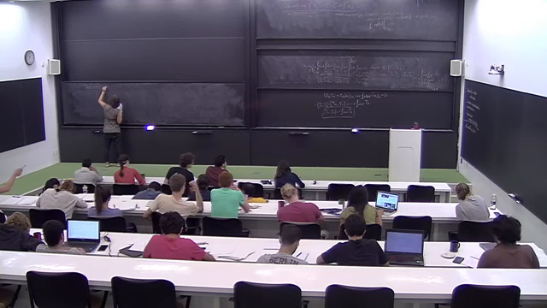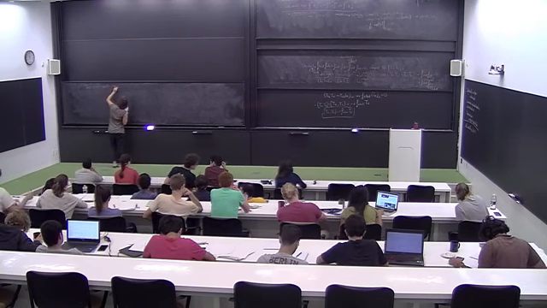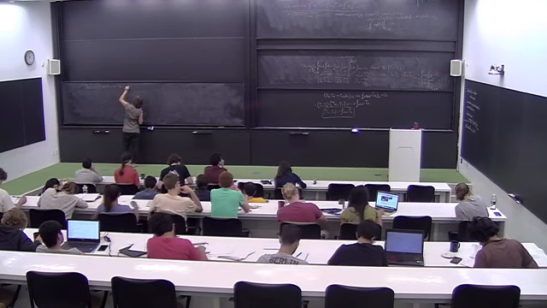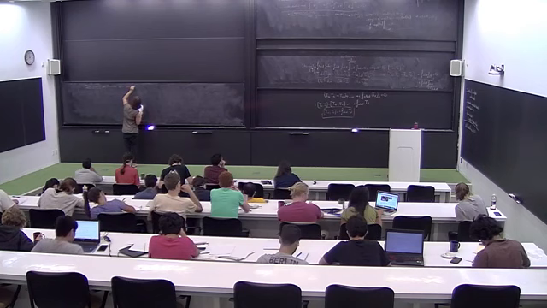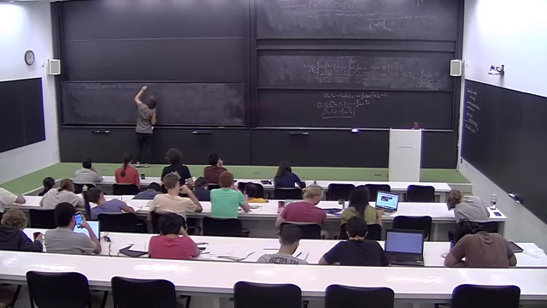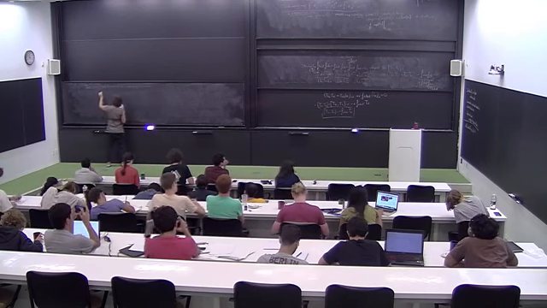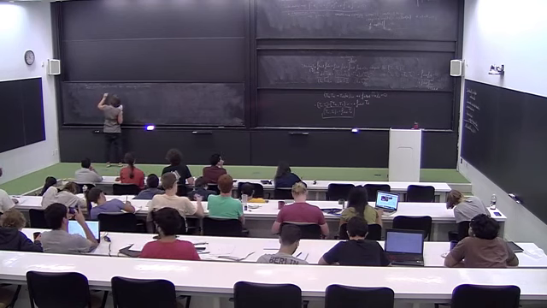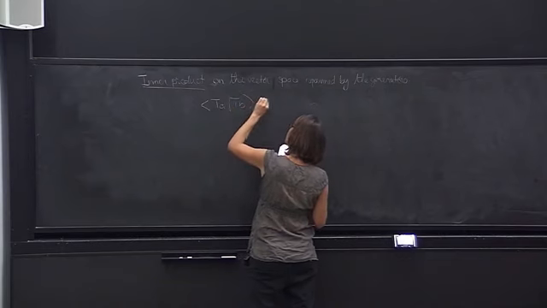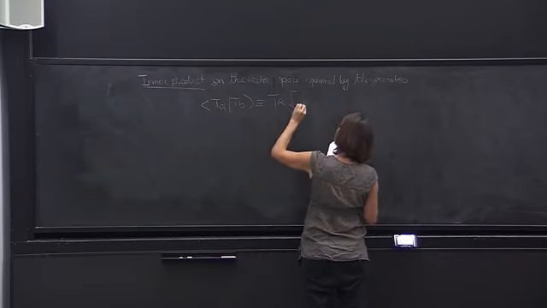An inner product on the vector space spanned by the generators: we're going to say that T A scalar T B is defined as the trace of the product.